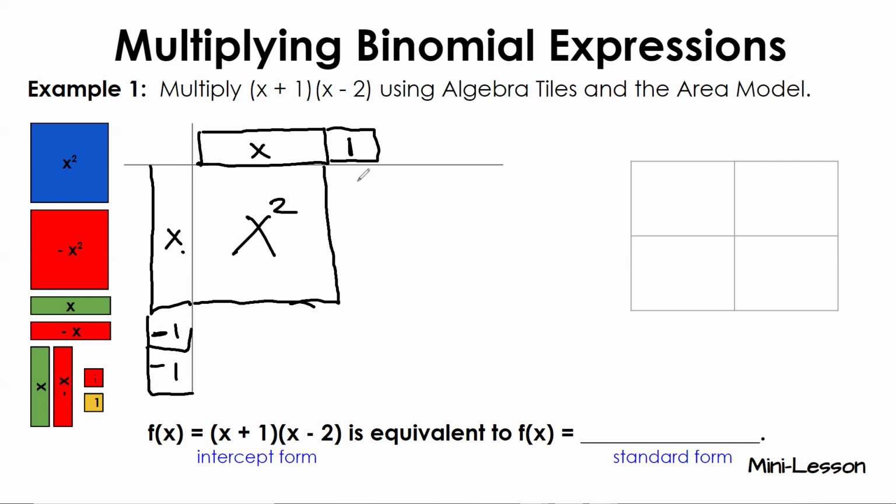Okay. Now we need this piece right here. So we've got x times 1. What does that give me? Just x. You see where I'm getting that from? Okay. Then we have this -1, and we have an x. So what's -1 times x?